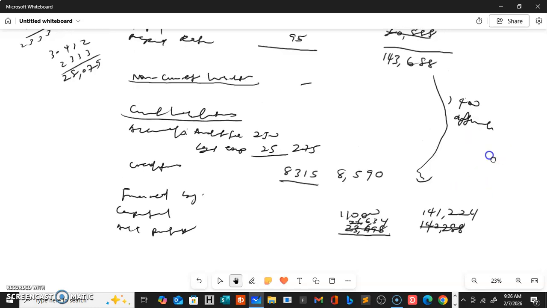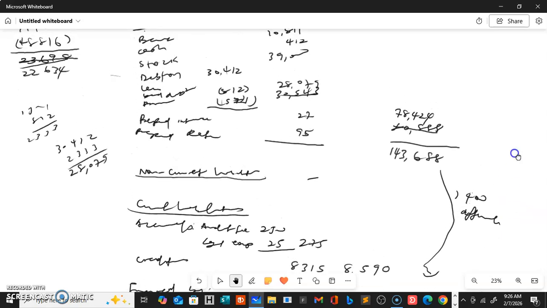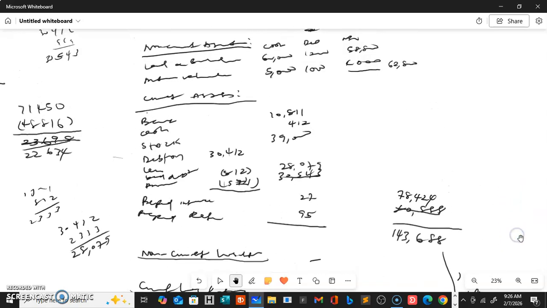We'll just add everything together here. So 78424 plus 62800. Let's add that. So that was also 141224. Okay, so let me strike this off.